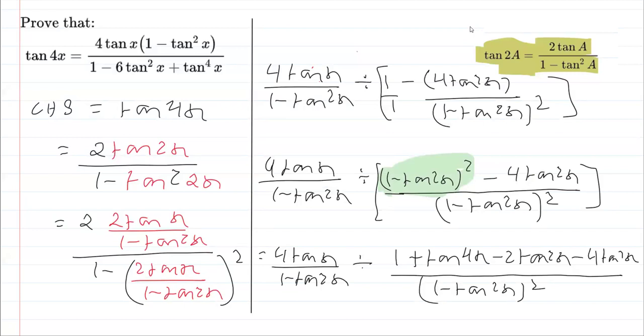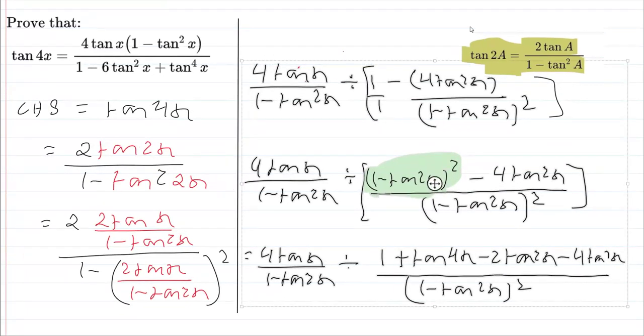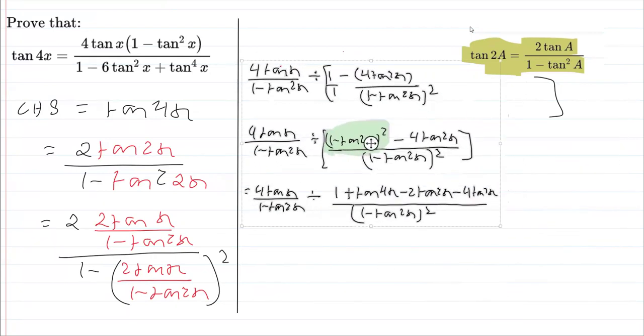Now for further simplification, we have this part as it is, that is 4 times tan x divided by 1 minus tan square x. And you can see that dividing is the same as multiplying with the reciprocal.